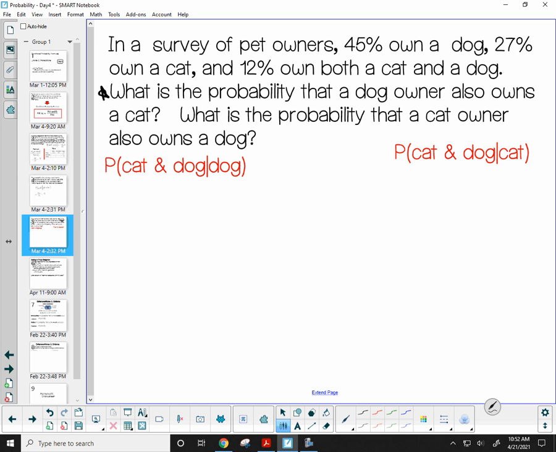The probability of having both is 0.12. The probability of having a dog is 0.45. So 0.12 divided by 0.45 gives me 0.266 repeating. So 0.267, 0.27, however you want to round it.